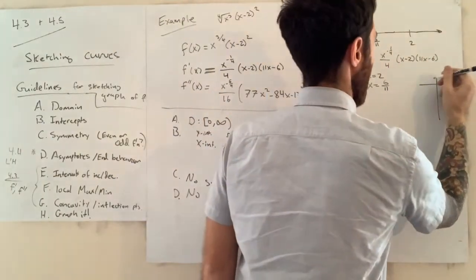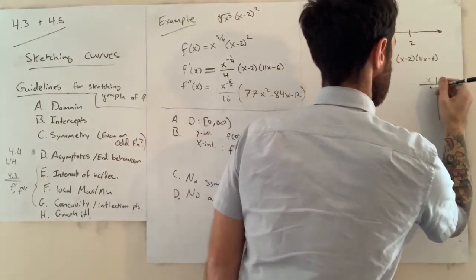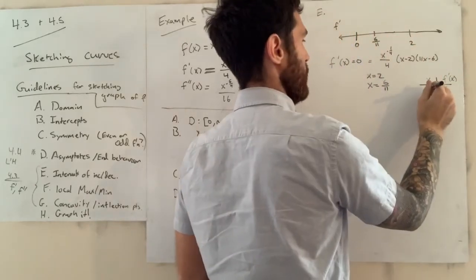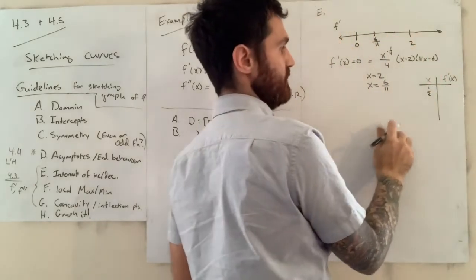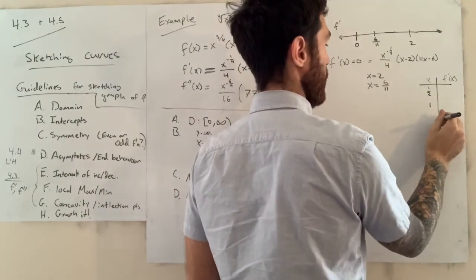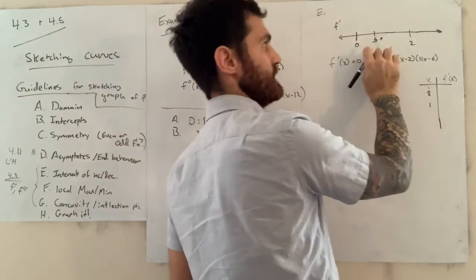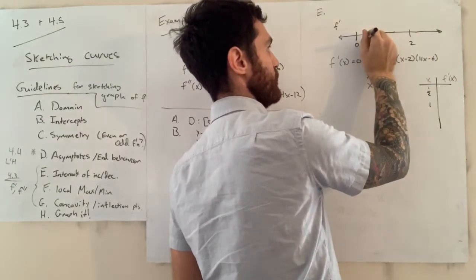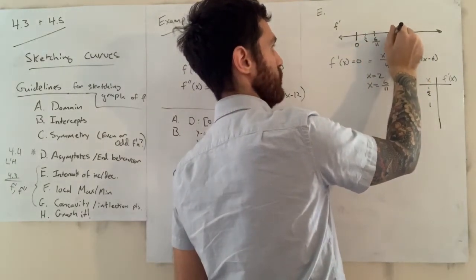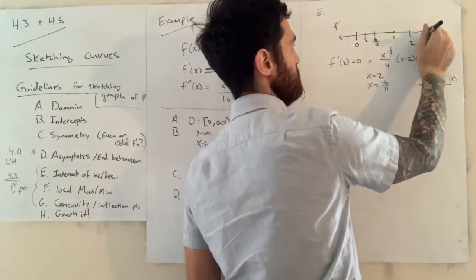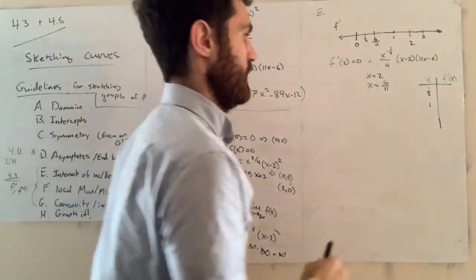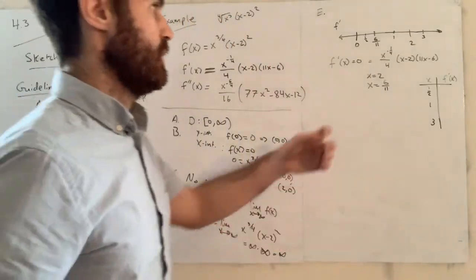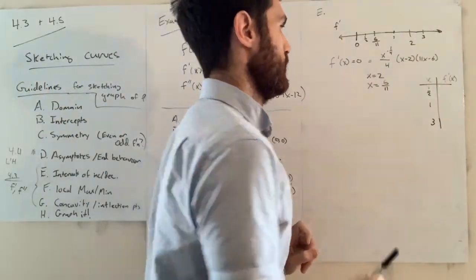And so I'm going to choose the points 1/2. That seems convenient. 1, that's between 6/11 and 2, so you can think 1/2 is somewhere here. This is going to be 1, and then 3, why not? And all I have to do is plug it into my function here.